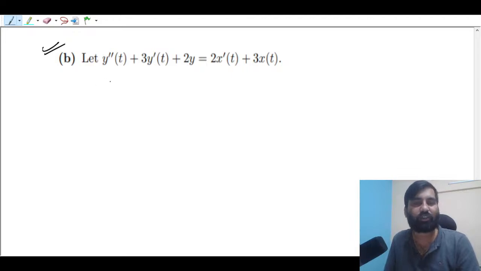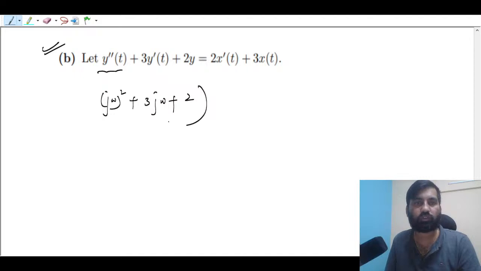In this case, this is a double derivative, so this can be written as (j omega) whole square plus 3j omega plus 2 times Y of omega equal to 2 times j omega plus 3 times X of omega.